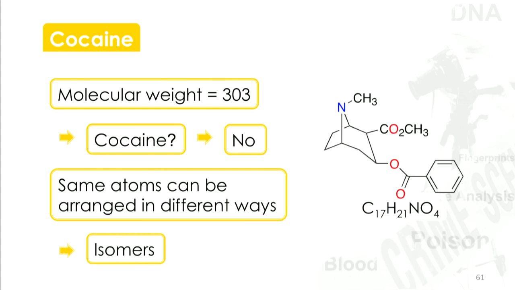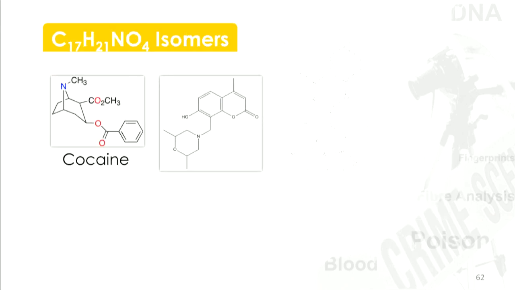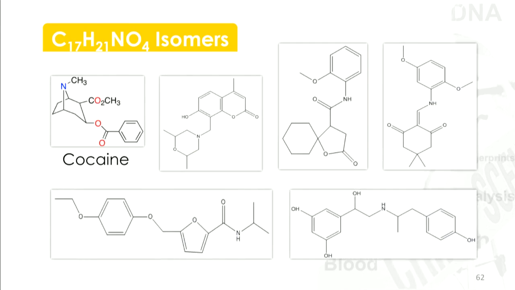Only one of these isomers is cocaine, and therefore only one of these isomers is illegal. So simply putting a molecule into a mass spectrometer and getting a number, the molecular weight of the molecule, does not prove that it is this particular compound, simply because there are so many possible arrangements of this collection of atoms which would all have the same molecular weight.